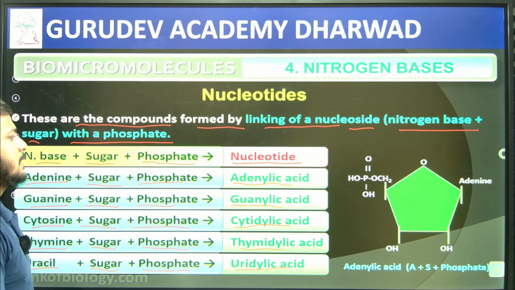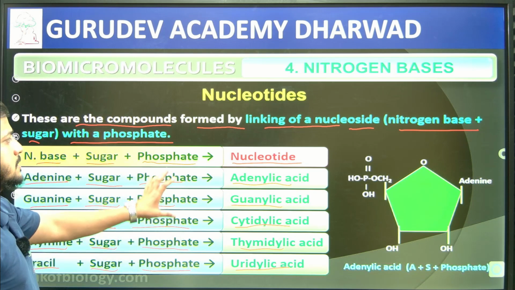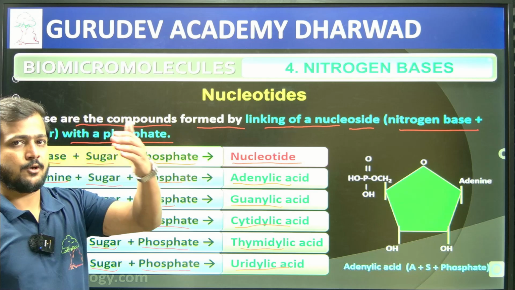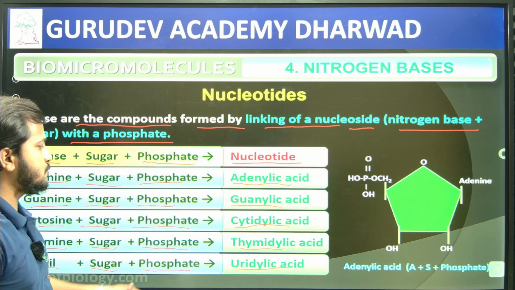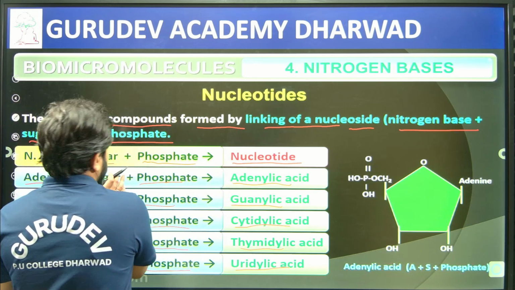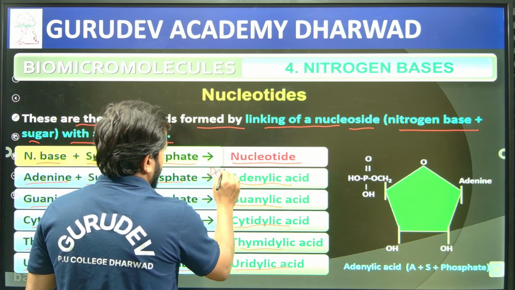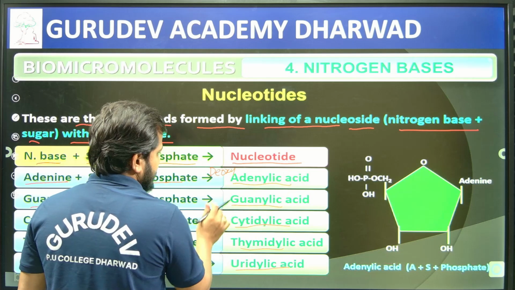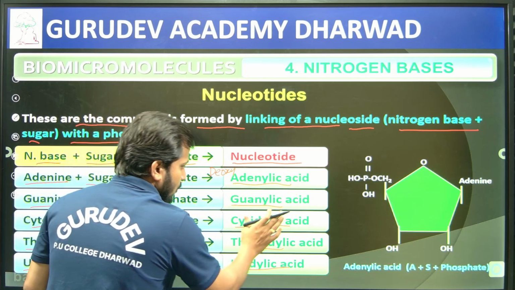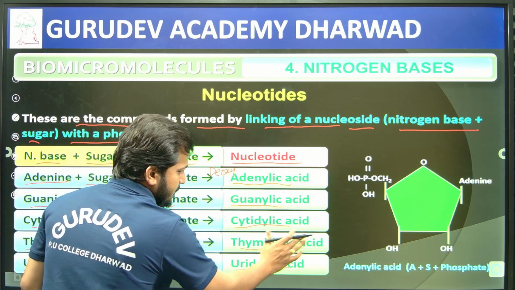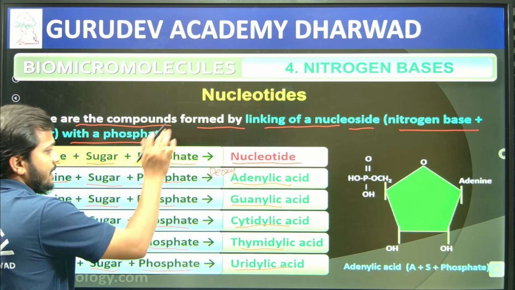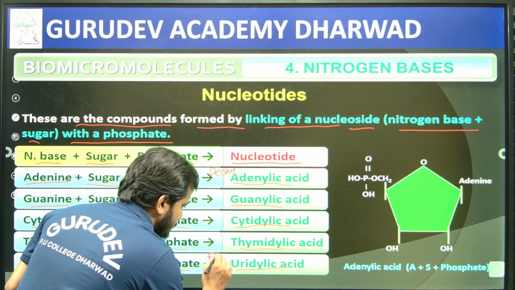Uridylic acid. For example, if these nucleotides are related with respect to DNA, then what I am going to add over here is the sugar molecule, that is nothing but deoxy. So deoxyadenylic acid, deoxyguanylic acid, deoxycytidylic acid, deoxythymidylic acid. If it is related with respect to RNA, then I'll add ribose.